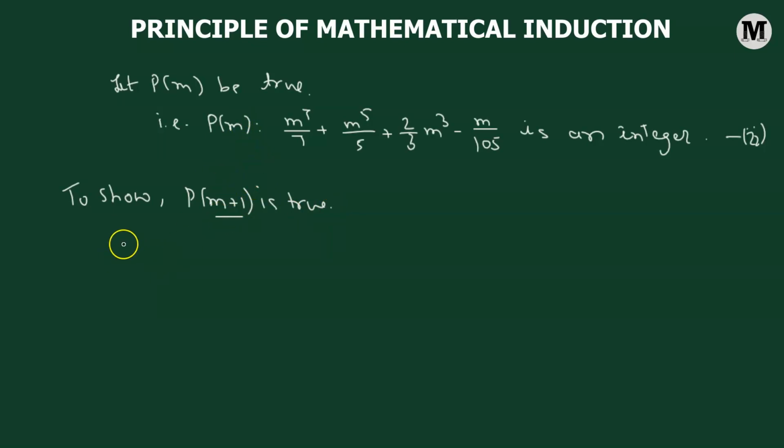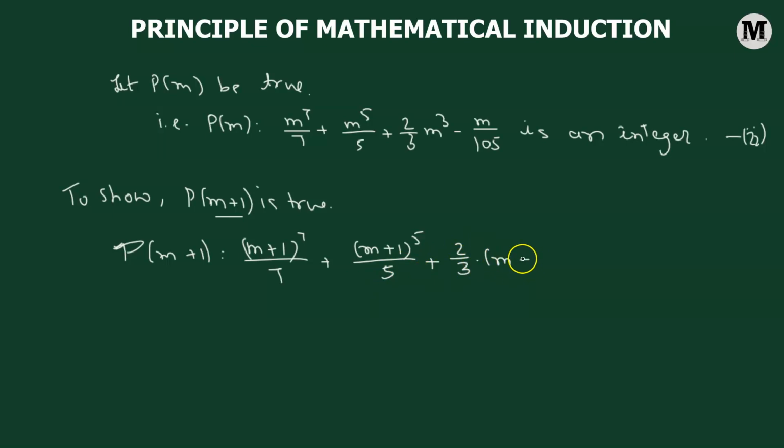And what is P(m+1)? The statement P(m+1) is given by replacing the m value with m+1. We have (m+1) raised to the power of 7 over 7, added to (m+1) raised to the power of 5 divided by 5, added to 2 over 3 multiplied by (m+1) cubed, minus (m+1) divided by 105.